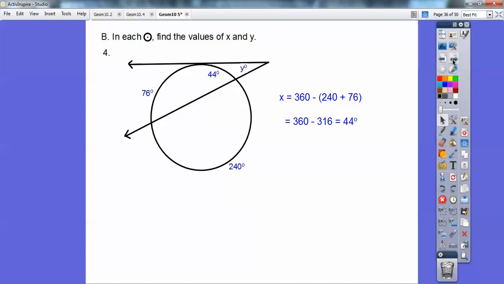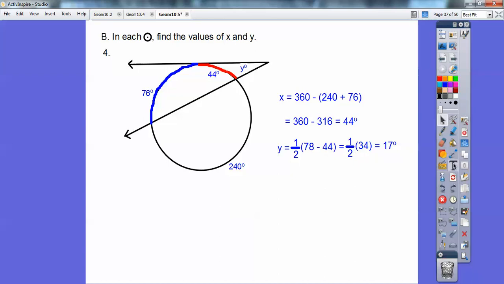And then this is outside the circle, so I'm going to subtract those intercepted arcs right there. I'm going to subtract 76 and 44, sorry. Let's see, I did something wrong right there. I changed my number. So 76 minus 44, that's a wrong number.